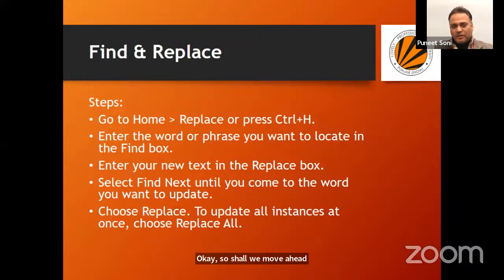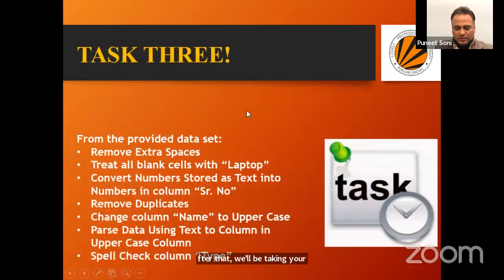Coming to the last part of our presentation, then after that we'll be taking your queries. So this is task 3 for you. From the provided data set, you have to remove the extra spaces, treat the blank cells with the text "laptop".